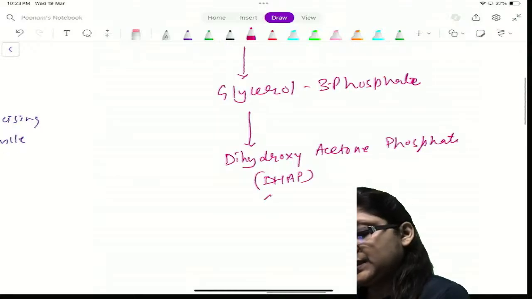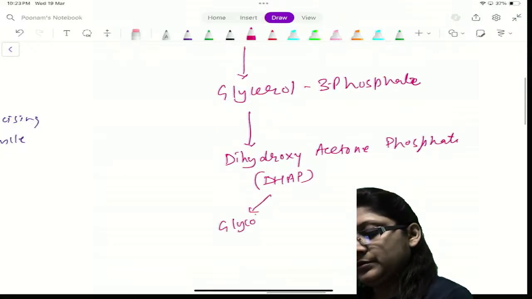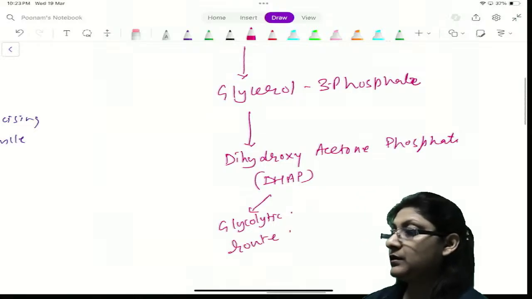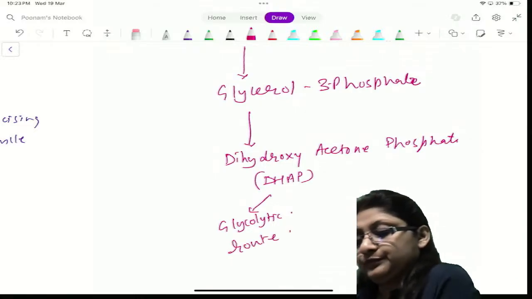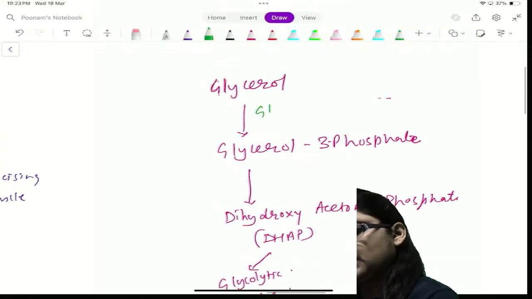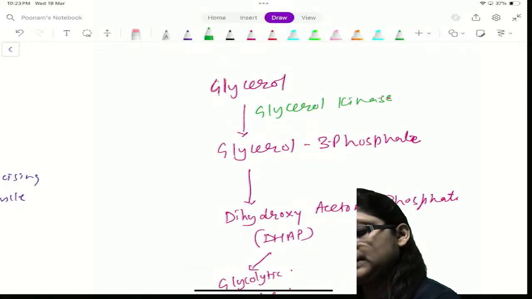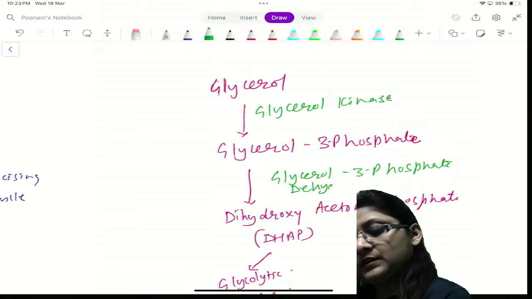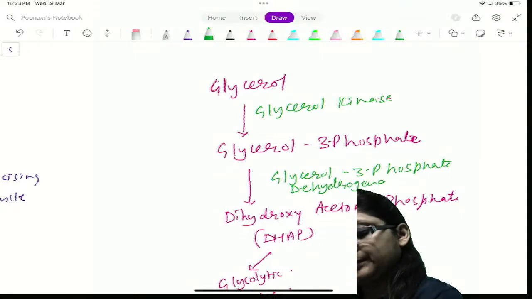And this DHAP enters the glycolytic route, where a reversal of this DHAP can produce glucose. This enzyme is glycerol kinase and this enzyme is glycerol 3-phosphate dehydrogenase enzyme.